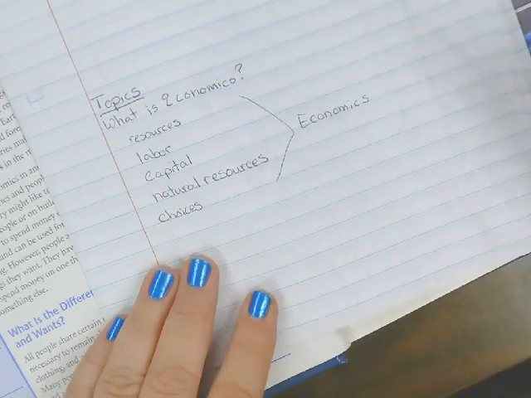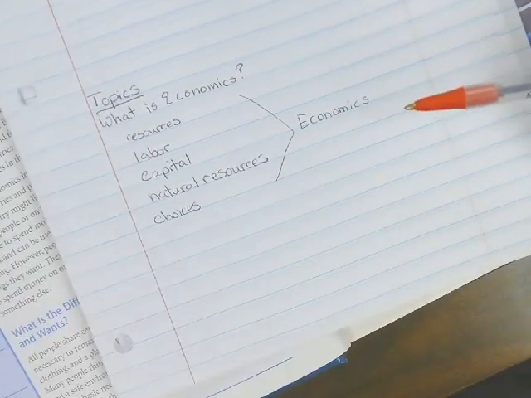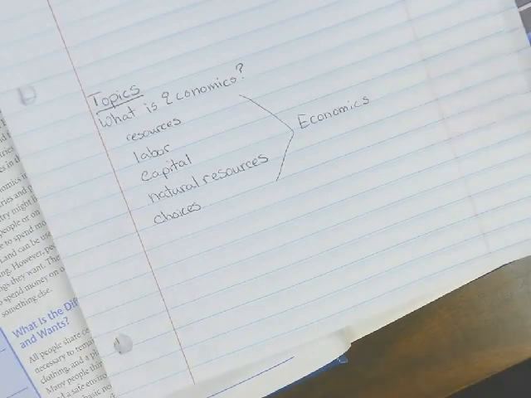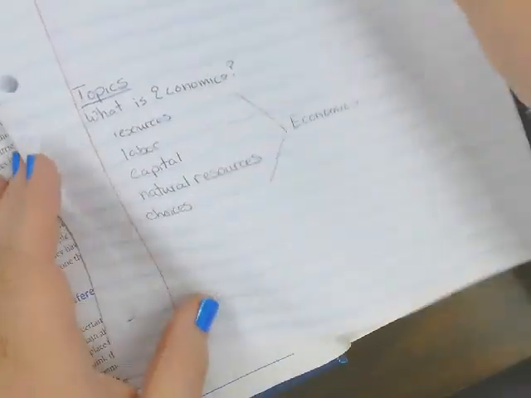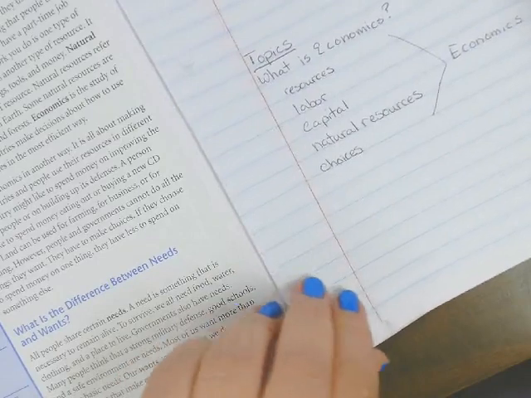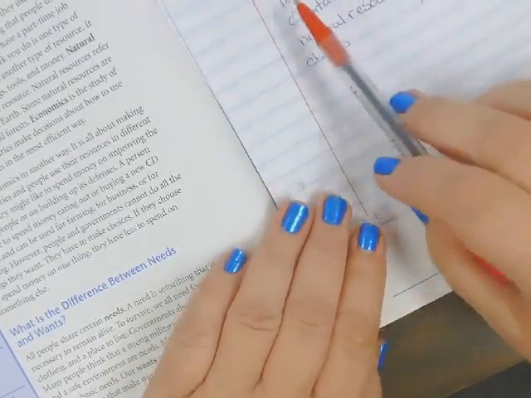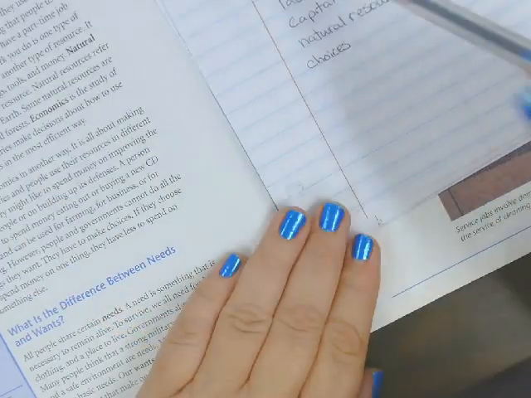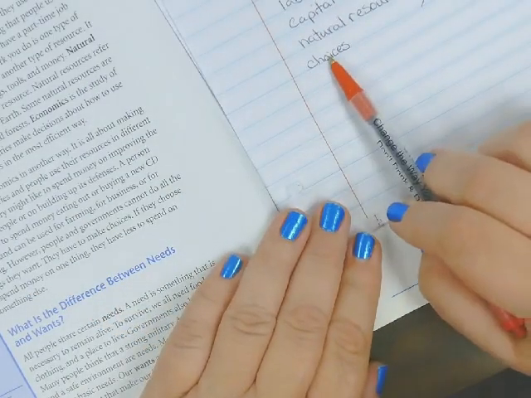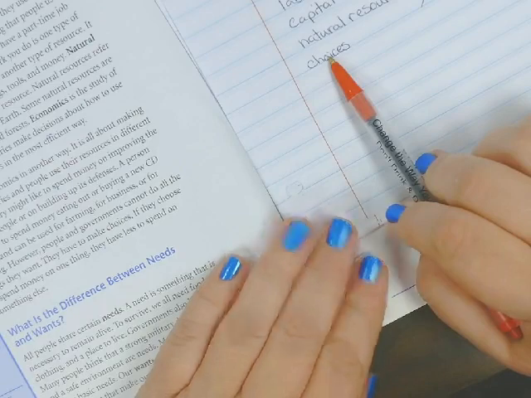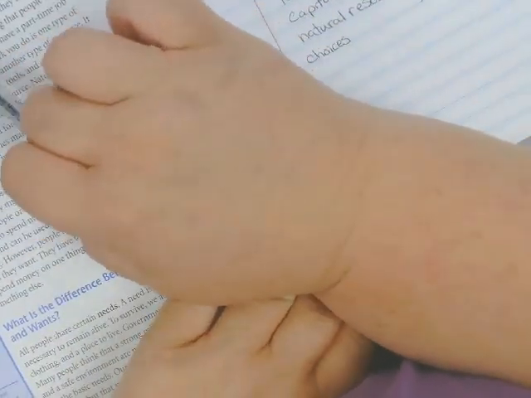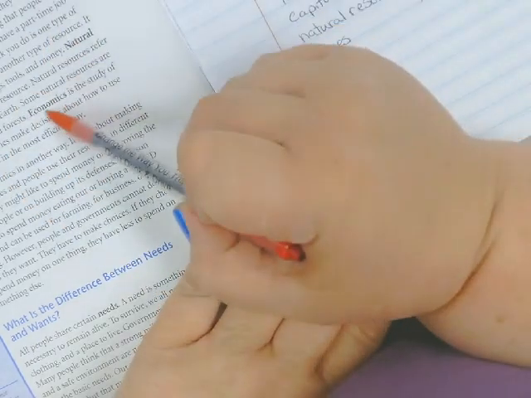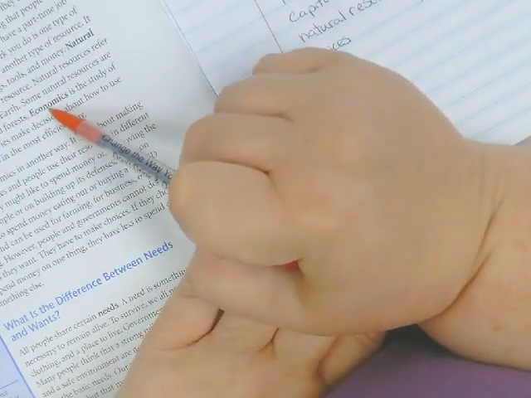Now, resource, labor, capital, natural resource, economic choice. So somewhere in there, didn't I hear you just say economics? You just said economics is one of your words, right? And the question is, what is economics, right? So why don't we go to where it says economics in there?